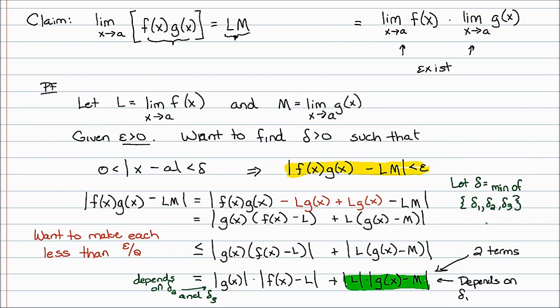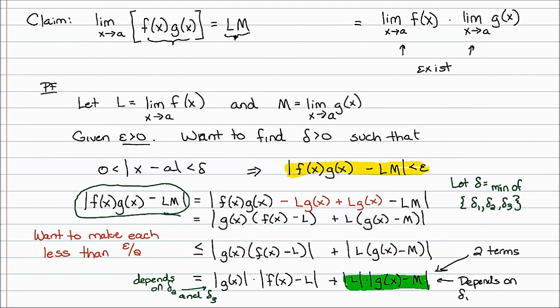That actually completes the proof. If you let delta equal the minimum of those, then it's guaranteed that the absolute value of f of x times g of x minus L m, in other words, the distance between the interior of our limit and the limit itself, is always bounded above by this product, and this product can be made this small by using the minimum of delta 1, 2, and 3.